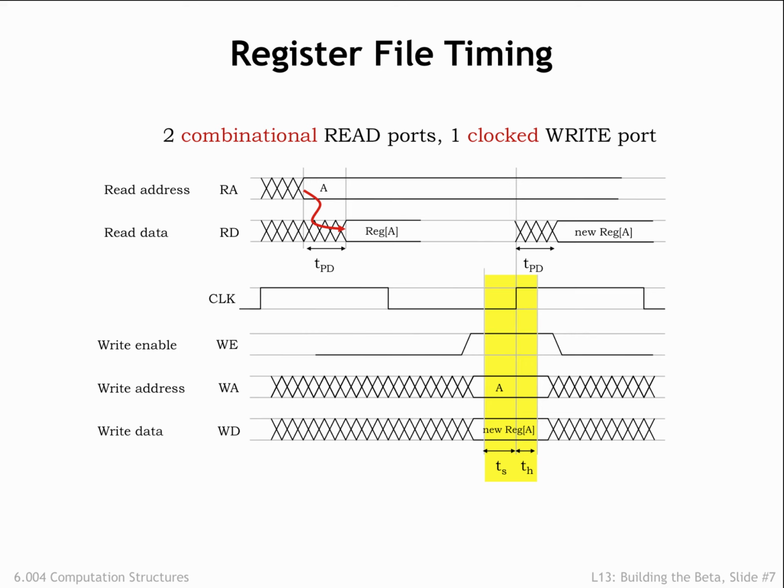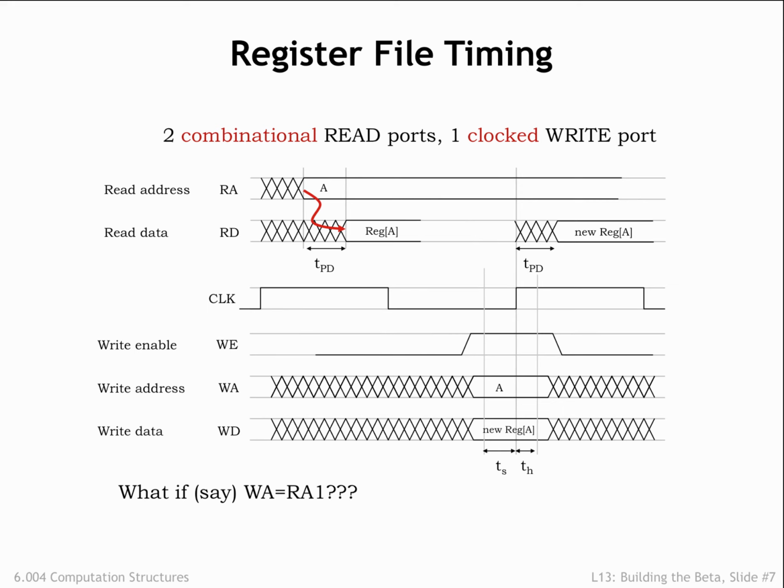If those timing constraints are met, the register file will reliably update the value of the selected register. When a register value is written at the rising clock edge, if that value is selected by a read address, the new data will appear after the propagation delay on the corresponding data port. In other words, the read data value changes if either the read address changes or the value of the selected register changes.